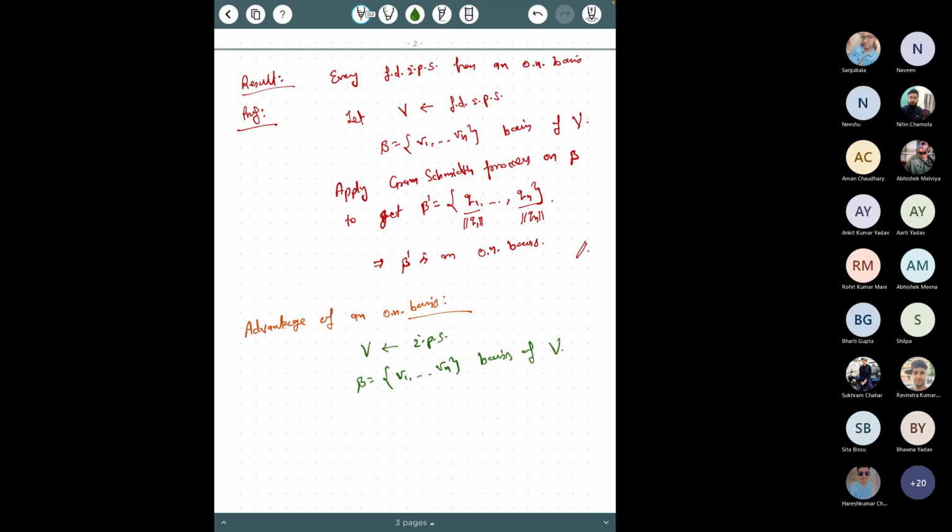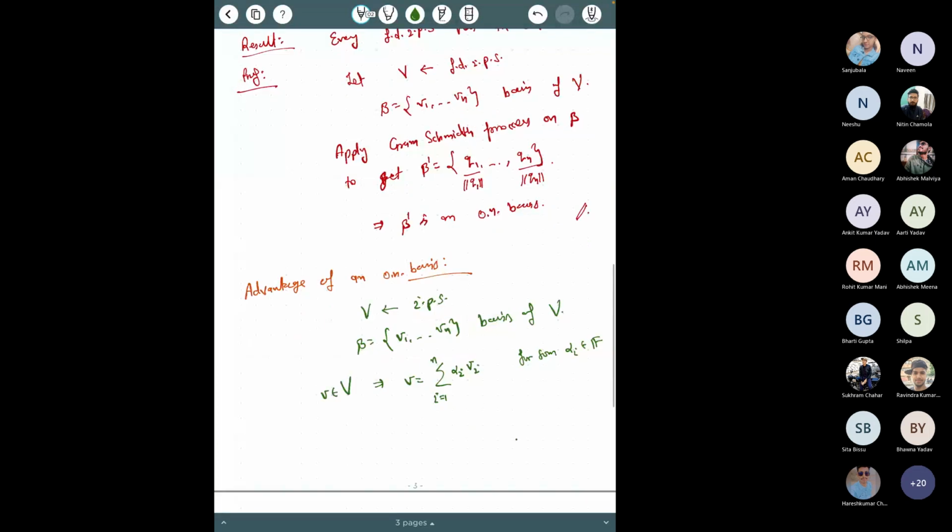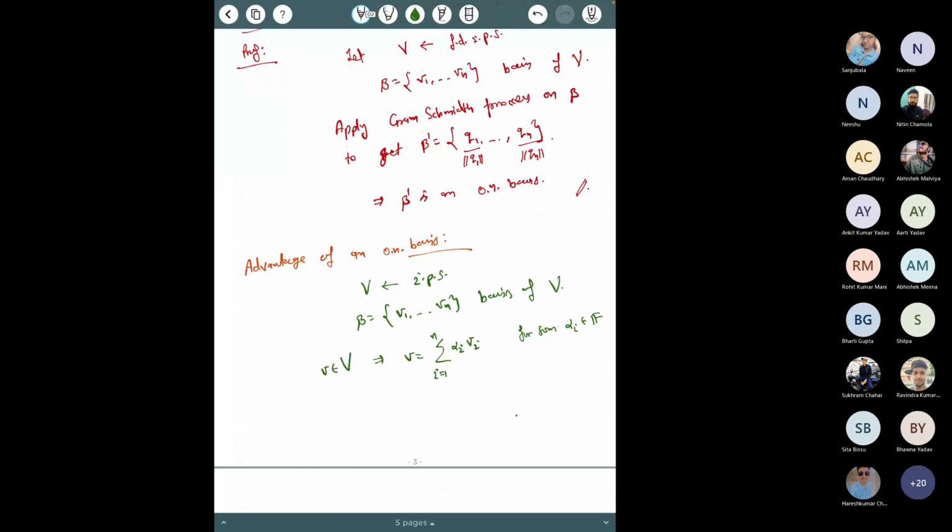Now it's a basis, so what we know is that if I take any vector v in V, then this vector can be written as a linear combination of these basis vectors. That means I can write v as the summation i equal to 1 to n of alpha_i v_i for some alpha_i. But finding these alpha_i's may not be easy, or we need to do some computation depending on our vector space.